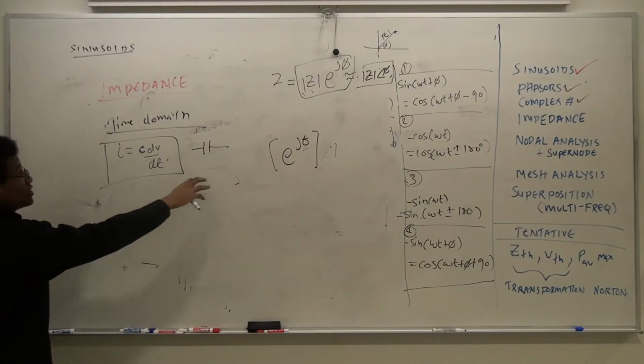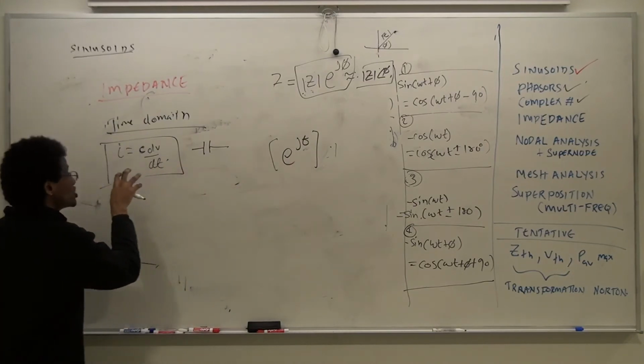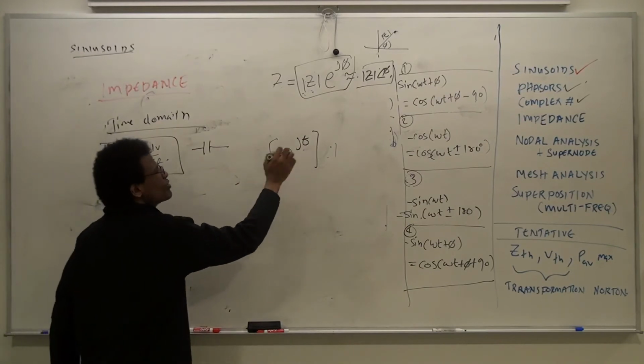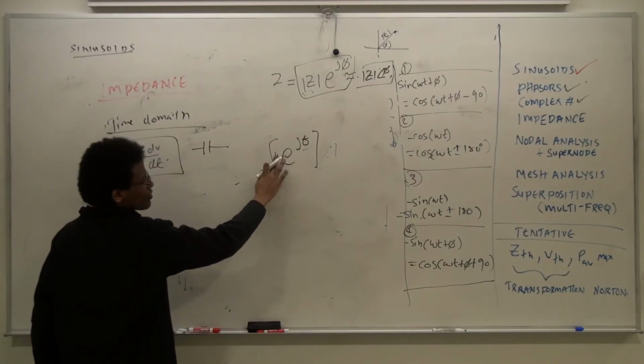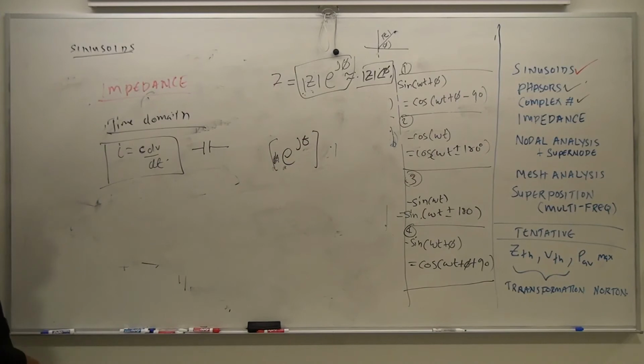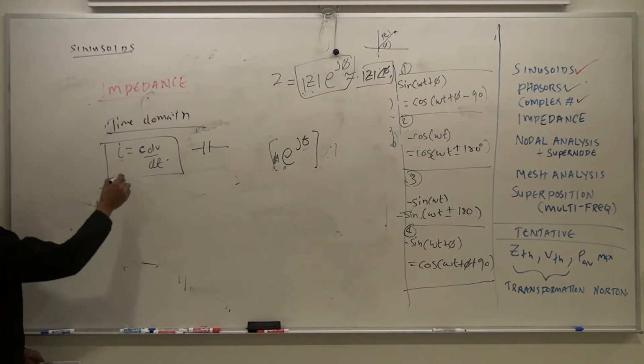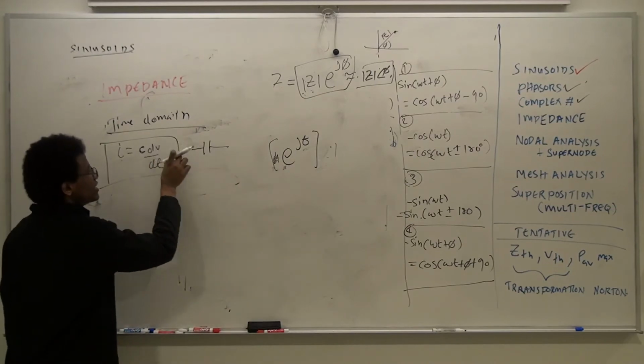And so when you use e to the power j omega as a basis function in this particular case, let's try it. What do we get? Let's try using e to the power j omega without any constants for now. Let's plug it in here. Let's try the v.